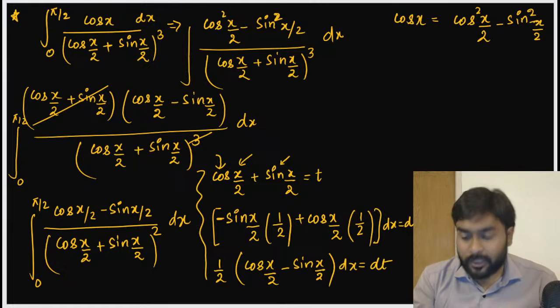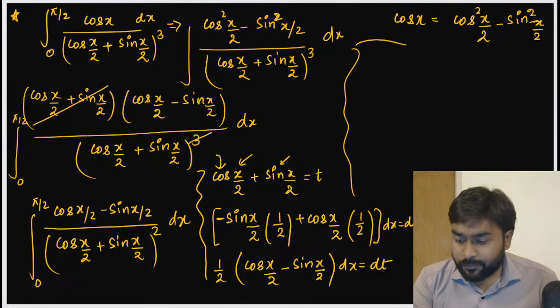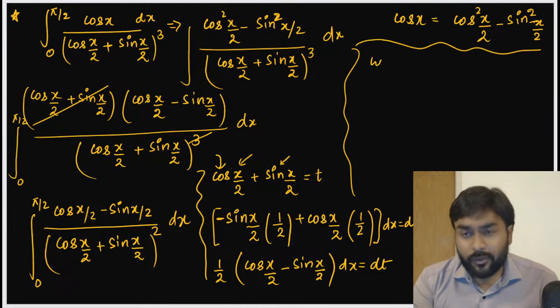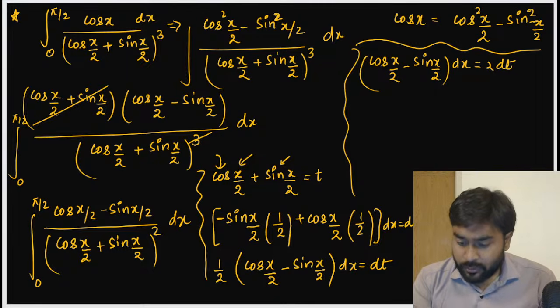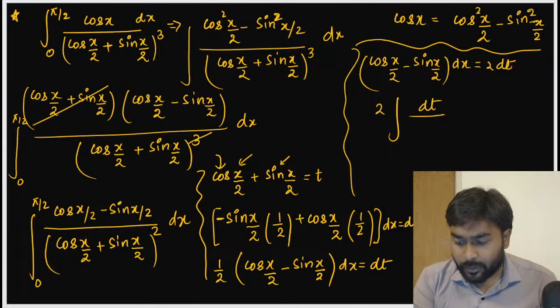This 2 we can transfer there. So what will it become? It will become cos x by 2 minus sin x by 2, minus sin x by 2, dx will be 2 dt. dx equal to 2 dt. Here we will change the limit also. So this integration will become 2 dt divided by t square.